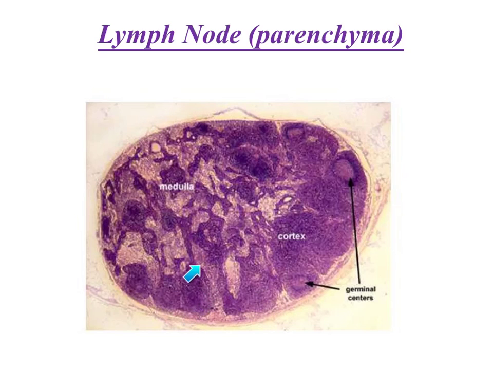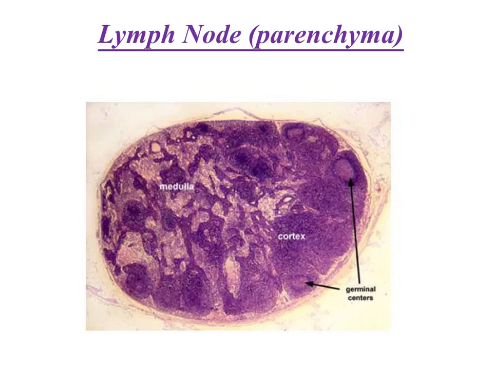If all of it is dark, it is a primary follicle. If it has a pale center, it is called secondary follicle, and the center itself is called germinal center. This zone is the cortex. This zone with the spikes is the medulla.